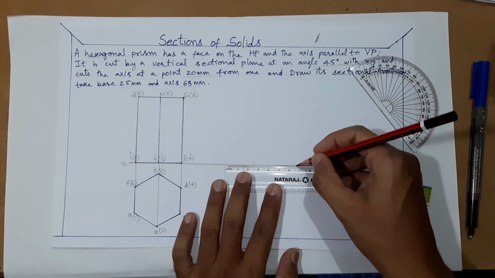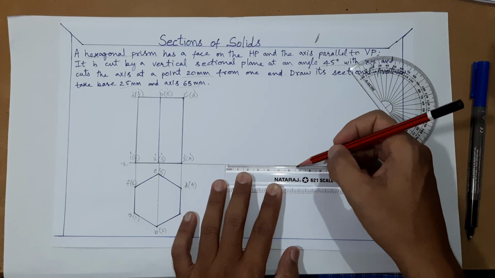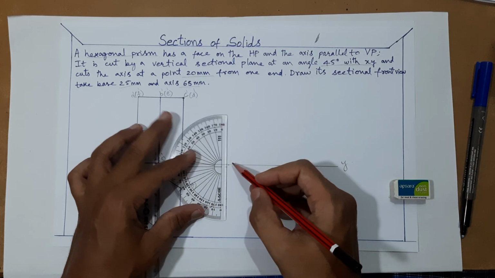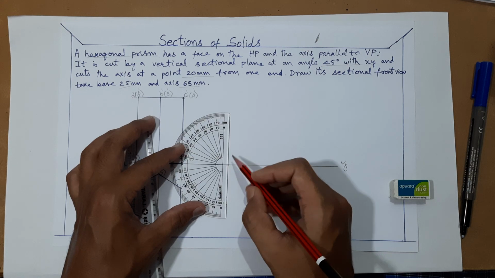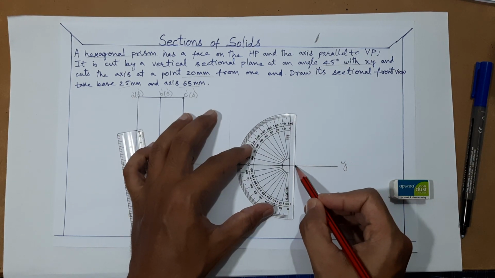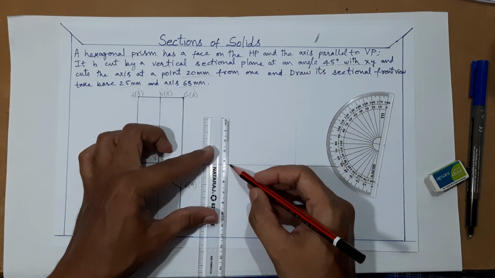Height is 65, so here to here 65 we have taken. And this width is 42. So here we will mark 42.